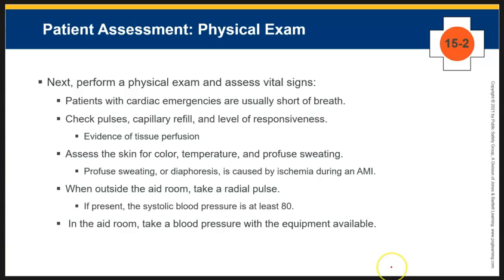Moving to the secondary part of our assessment and a physical exam and vital signs, we may notice that they're short of breath and correspondingly have an elevated rate of respiration. Check pulses and capillary refill, and look for evidence of tissue perfusion, such as capillary refill looking for pink under the nail beds alongside skin color and temperature.